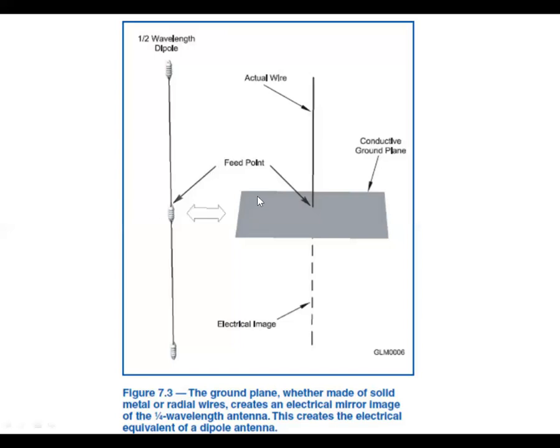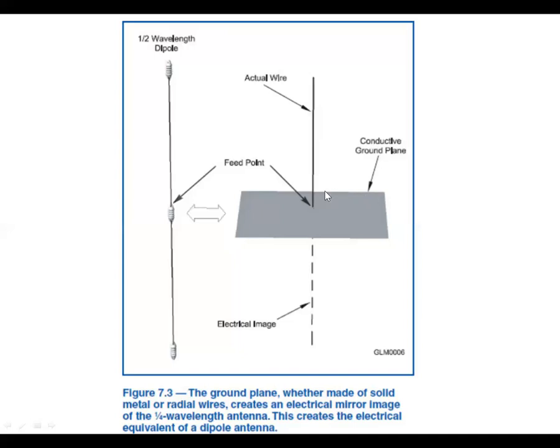Now, if you've got a mobile VHF, UHF radio in your car and you're using a mag mount, what you're doing there effectively is using the roof of the car as a ground plane. So if this was a UHF, VHF antenna into the mag mount, the roof of the car provides this ground plane effect through capacitive coupling through the mag mount.